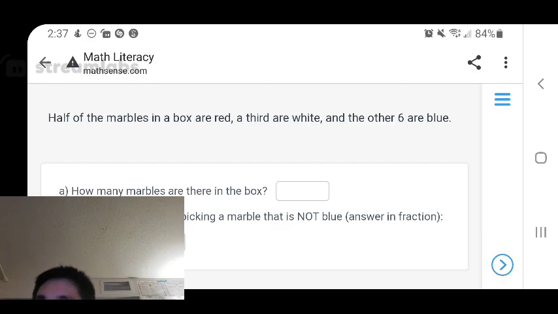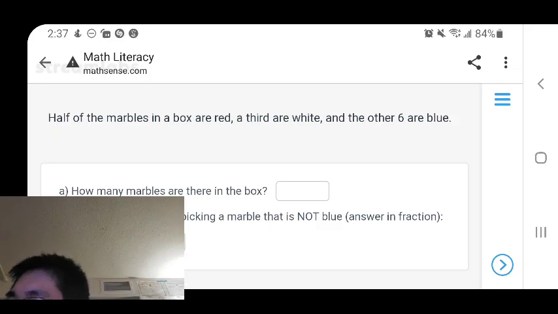This is a probability question. Question 5. Half the marbles in a box are red, a third are white, and the other 6 are blue. How many marbles are there in the box?